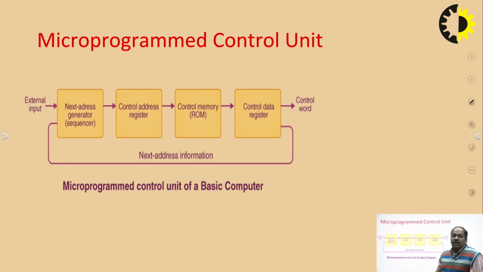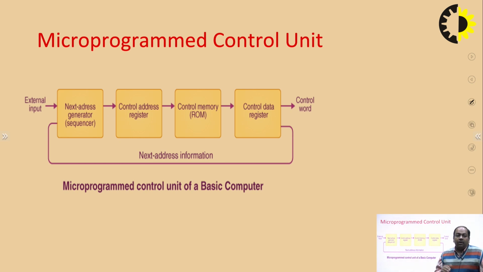After that there is the microprogram control unit, in which some external input comes into a sequencer. That sequencer generates the next address. Then the next address goes to the control address register, which we call CAR, then to the control memory, and then to the control data register, and that control data register constitutes the control word.